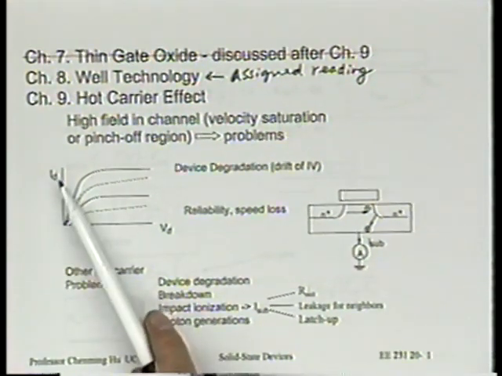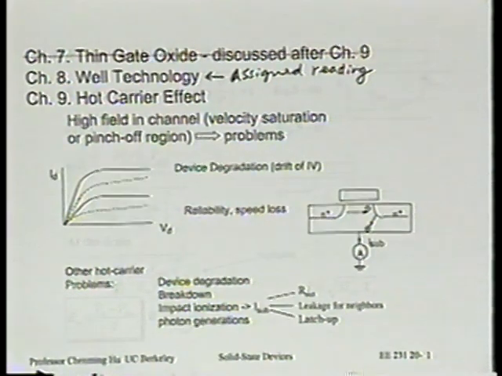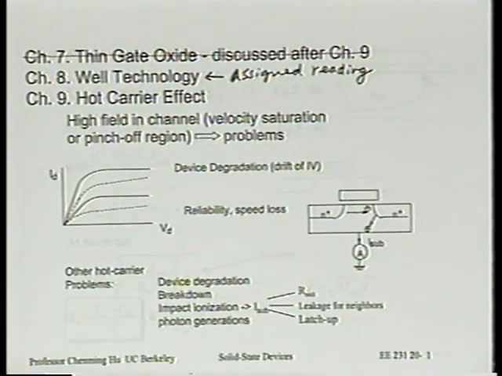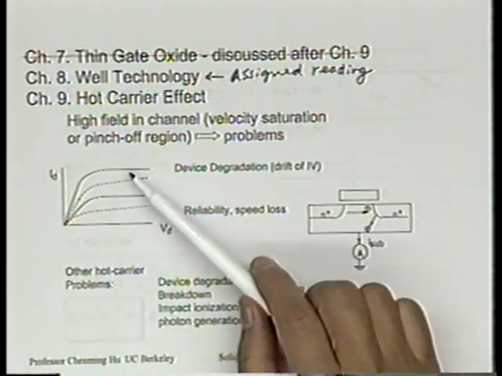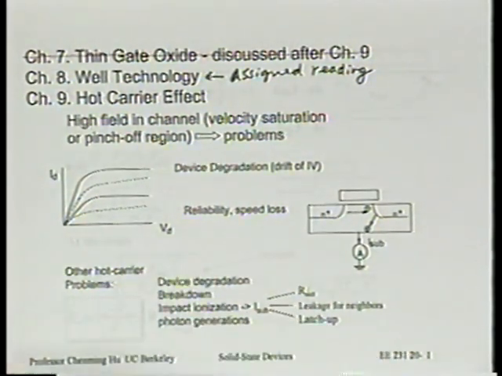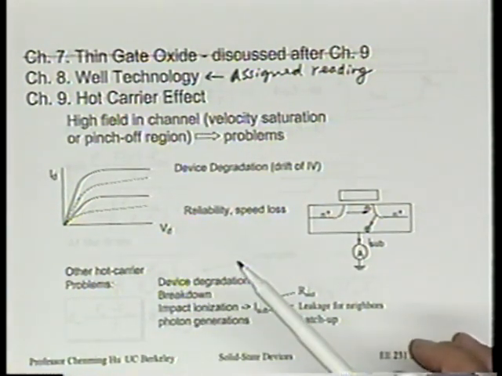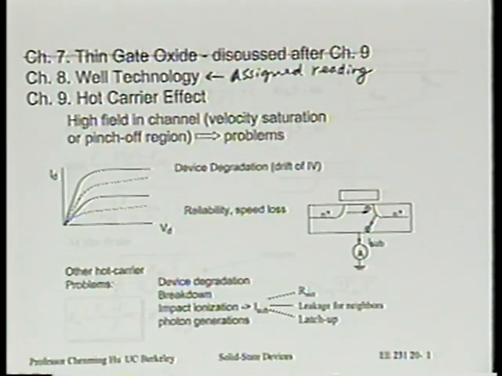Here we're looking at a simple ID versus VD plot. First look at these two solid lines. These are two representative ID-VD curves, in other words, for two different VGs, all right? Okay, just two of those. Now, this transistor, if you operate it for a while, meaning many years, of course, under the normal operating condition VDD, or it's only a matter of minutes if you operate at higher VDD than the nominal voltage, right?